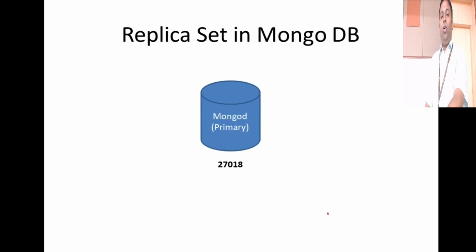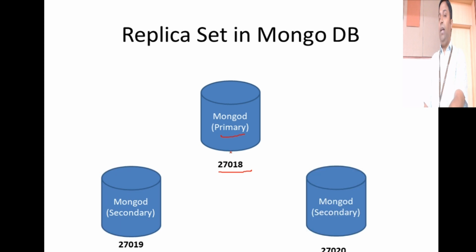So for the replica set in MongoDB, I'm going to show you a demo of how replication of this sort works in MongoDB on a local machine. I'm going to use my laptop and show different instances of MongoDB. The primary MongoDB instance will use port number 27018, listening to requests from the application on this port.